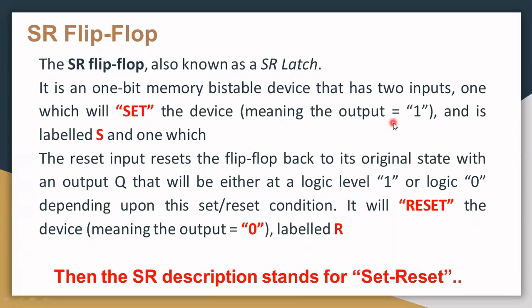When Q is equal to 1, it's called the set state, labeled as S. When Q is equal to 0, it is called the reset state, labeled as R. Then SR stands for set reset.